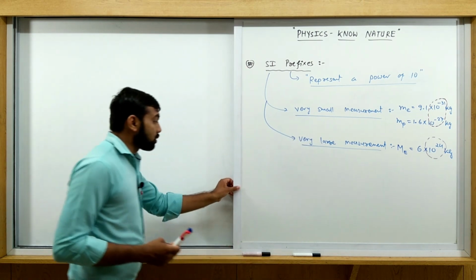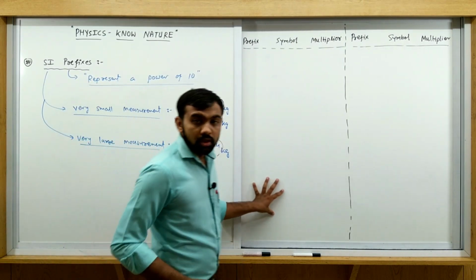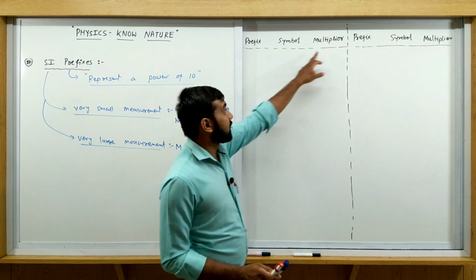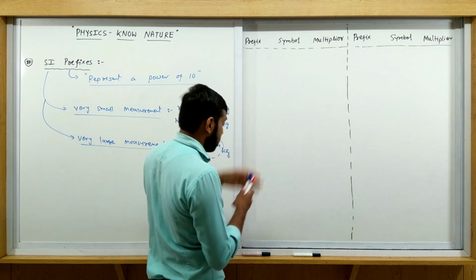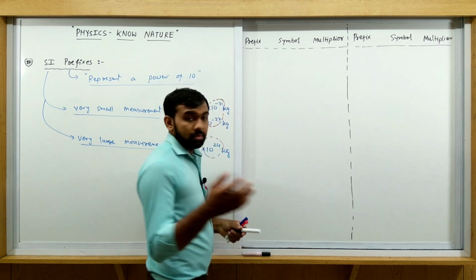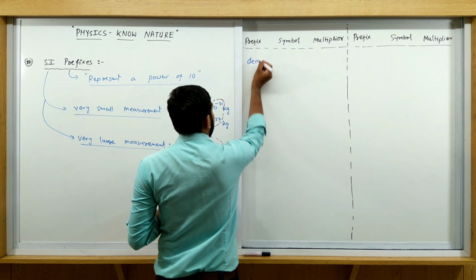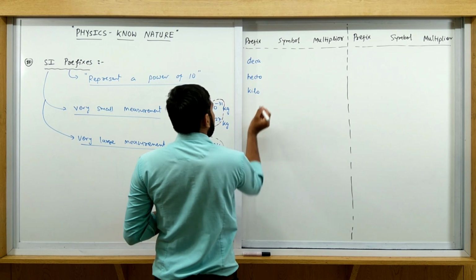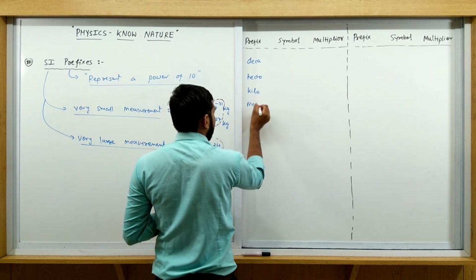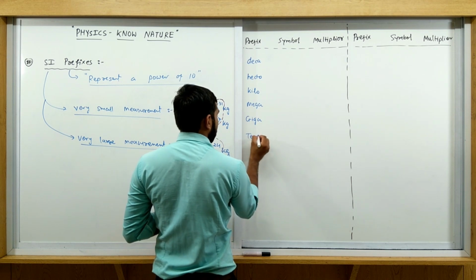Now, which types of prefixes are used? Let us discuss some prefixes: first of all, prefix, its symbol and its multiplier. Some prefixes used are deca, hecto, kilo, mega, giga, tera.